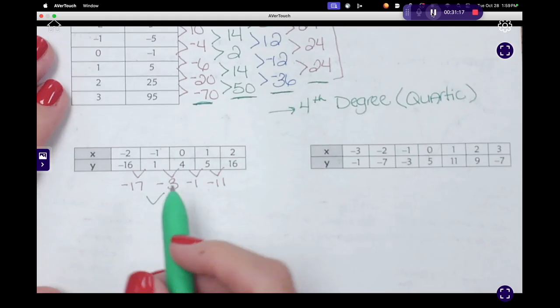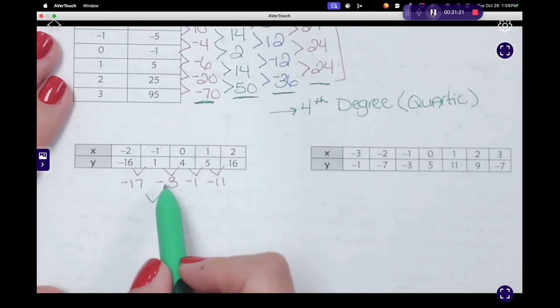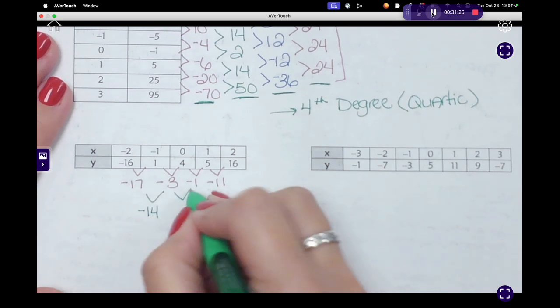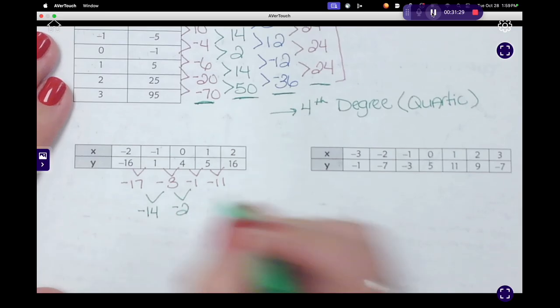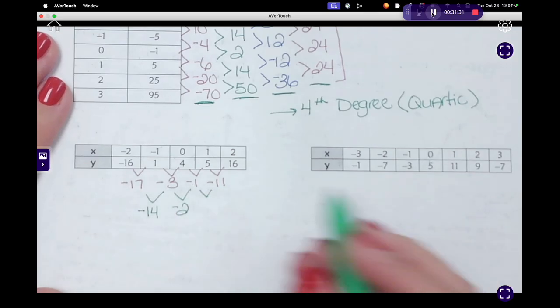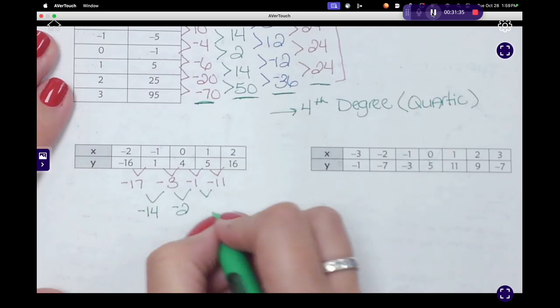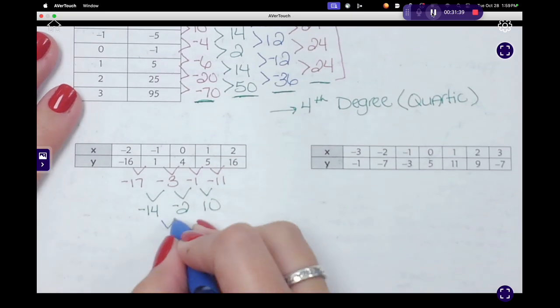Again, watch your signs. So I have a negative 17 minus a negative 3 gives me negative 14. Negative 3 minus a negative 1 is negative 2. And then negative 1 minus a negative 11 is a positive 10. So still not the same. Try it one more time.